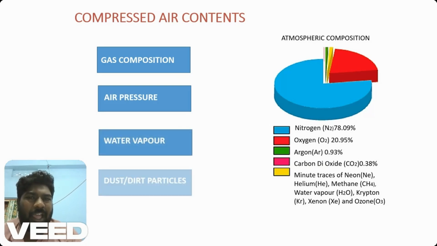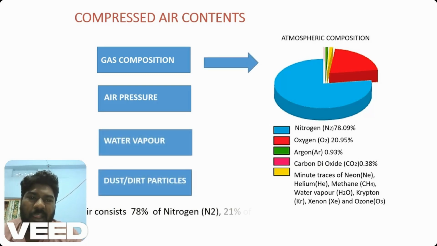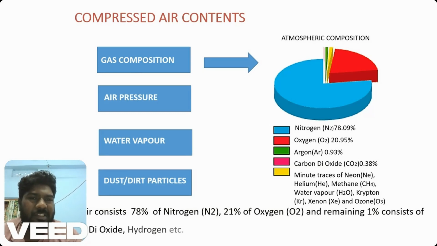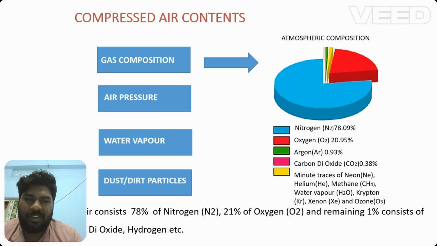As we are going to use air pressure in industries, let us see composition of air. So we have in gas, generally in atmosphere composition, 78 to 79 percentage is nitrogen, and we have nearly 21 percentage of oxygen, and argon is nearly 1%.